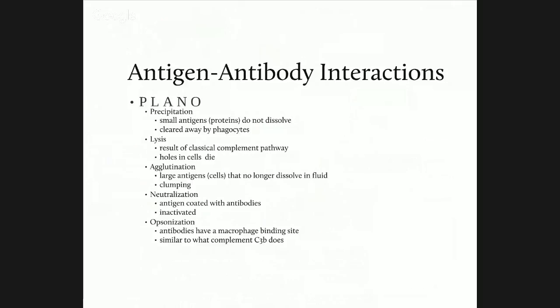So when you precipitate or you lyse or you agglutinate or you neutralize an antigen, because the antibodies are attached to it, that means that it will be cleared away by phagocytes, opsonized. Opsonization is involved in all those other ones, but it can be the only thing that happens too.